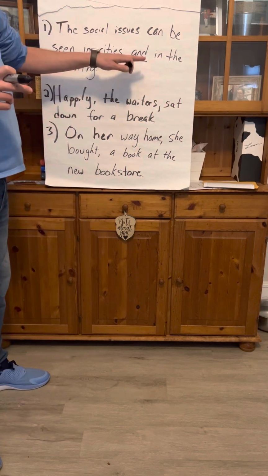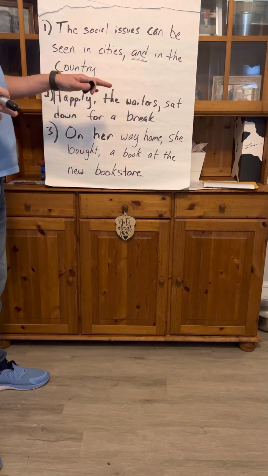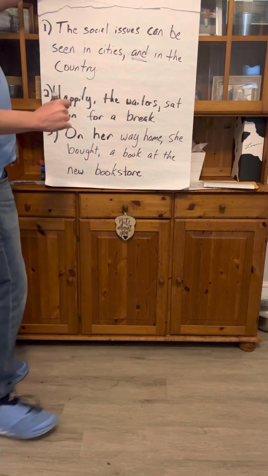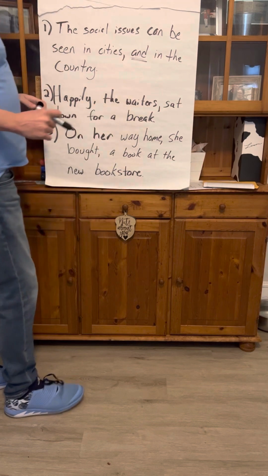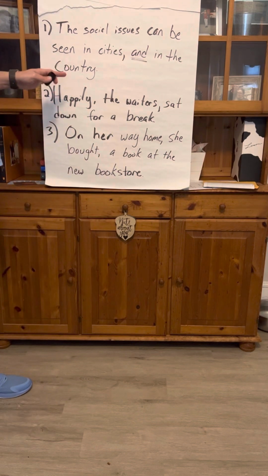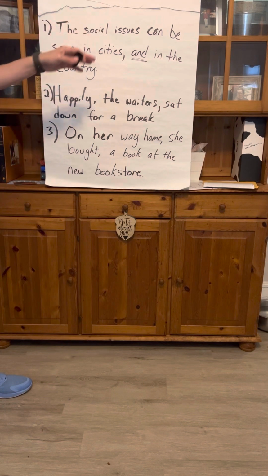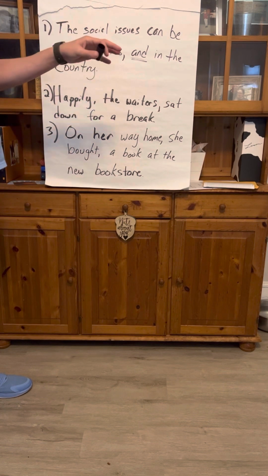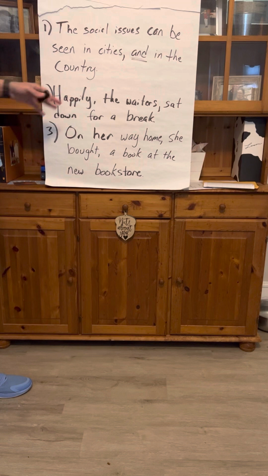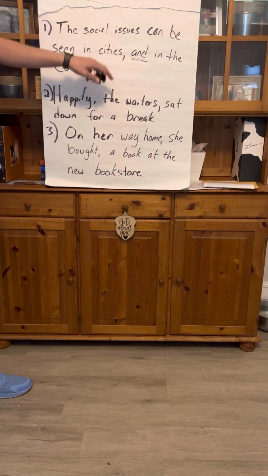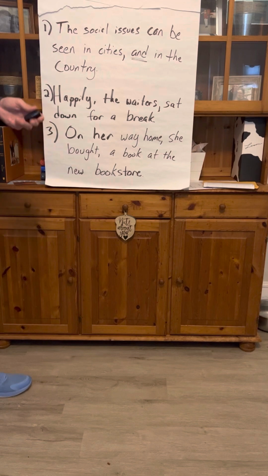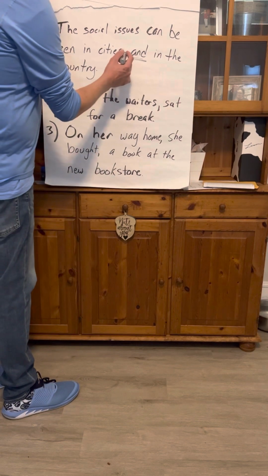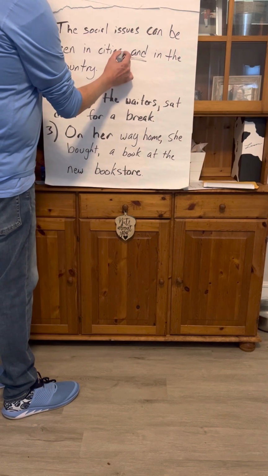Whenever you have one of those within the sentence, generally speaking, you're not going to want to use the comma directly in front of them. So let's try reading it out loud. The social issues can be seen in cities and in the country. There isn't really a natural pause after cities telling us we need a comma. So what we're going to do is take that out.